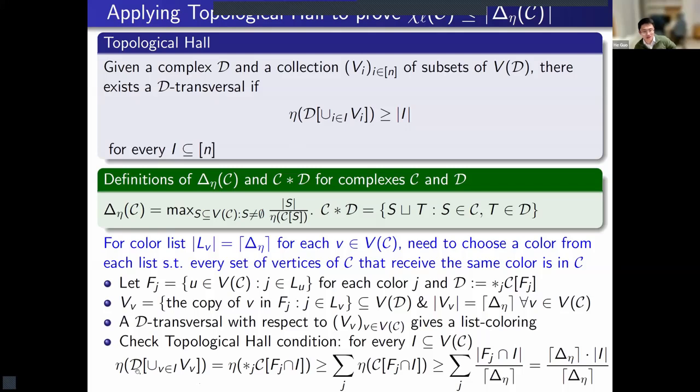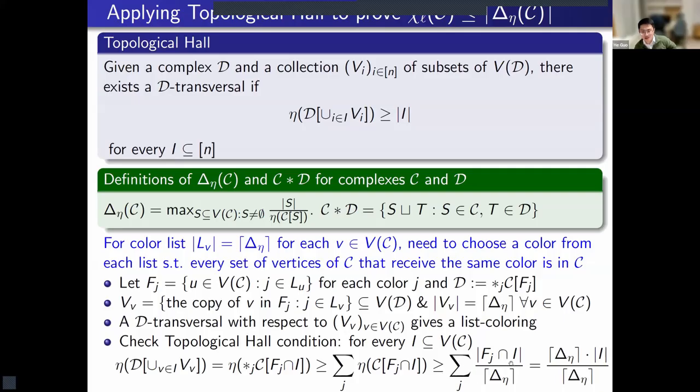We can show it because for any index set I, the union of them, by definition, is just the join of the complexes in C. And by the superadditivity of the connectivities, we know this one is at least the sum of the connectivities here. And then by the definition of delta eta, we know that delta eta is at least the size of this set divided by the connectivity of them. Therefore, we have this lower bound.